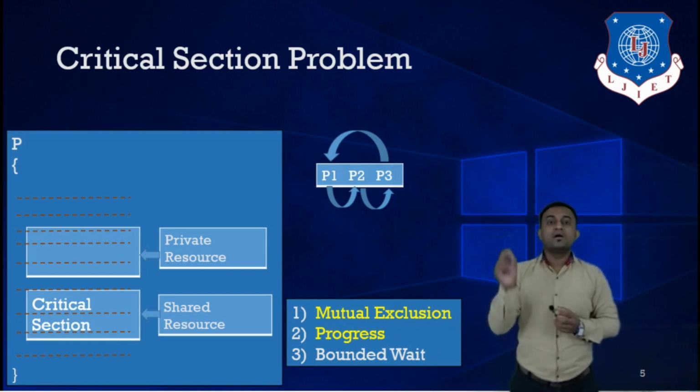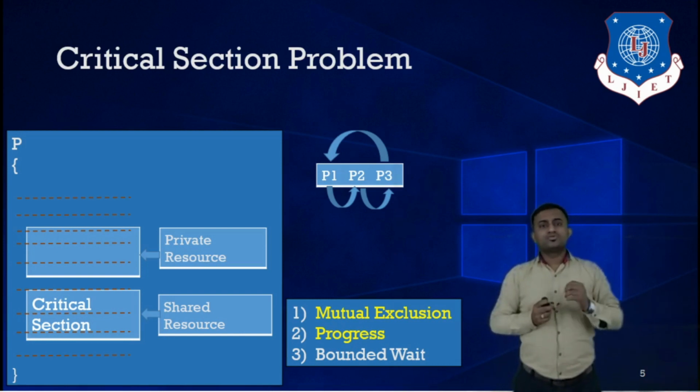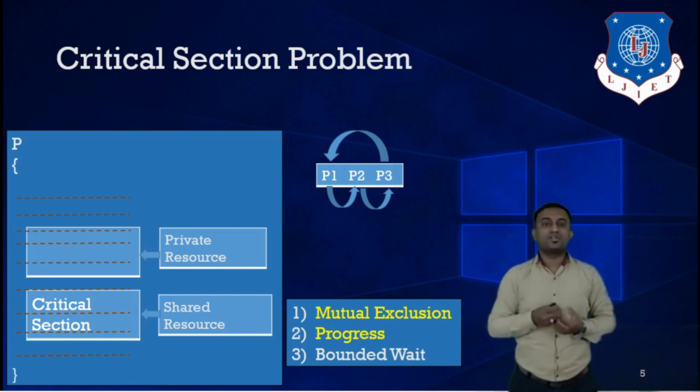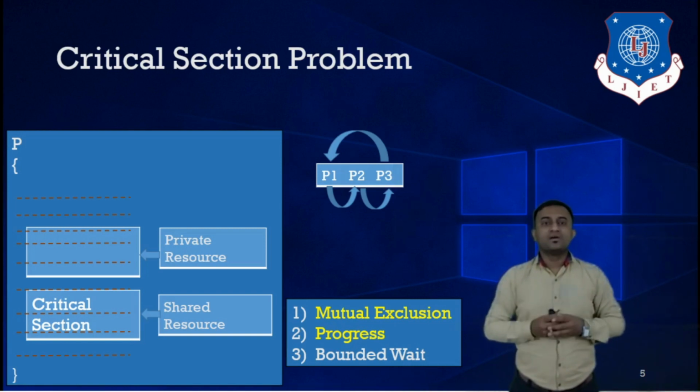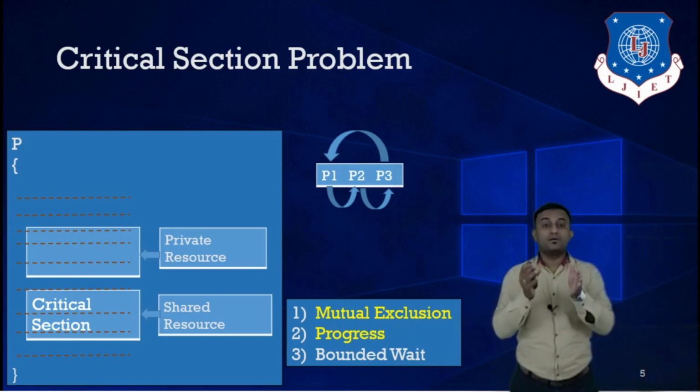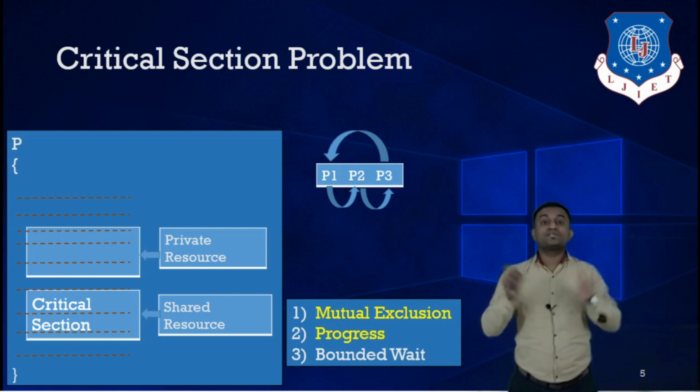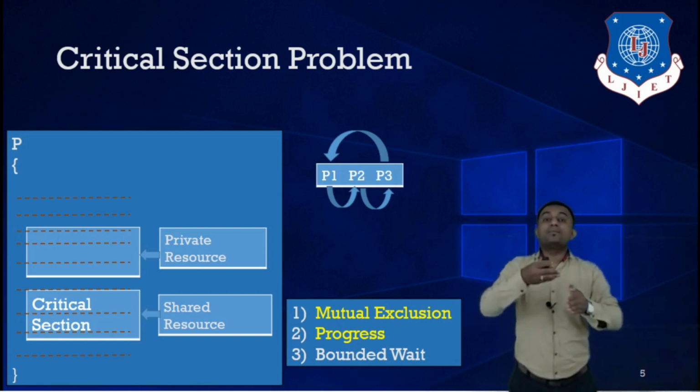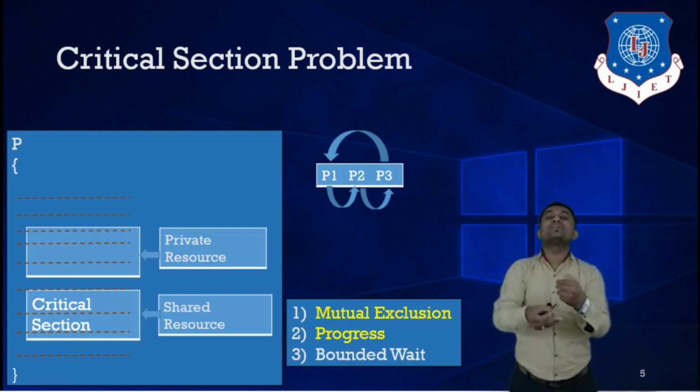So if we are executing this set of processes P1, P2, P3 in round robin fashion, what will happen? What does progress tell us? If you are strictly following round robin fashion, in this case we are assuming whatever available processes we have in main memory, all the processes would be executed in round robin fashion, so it won't lead to inconsistency.